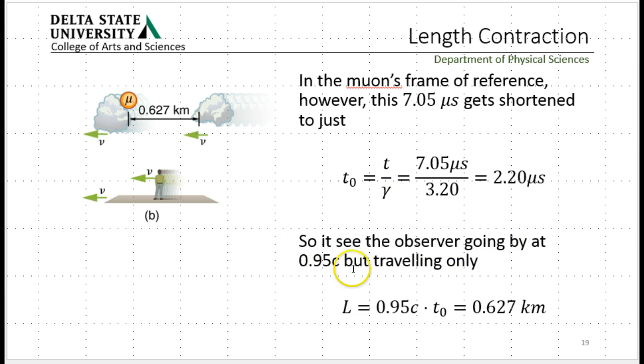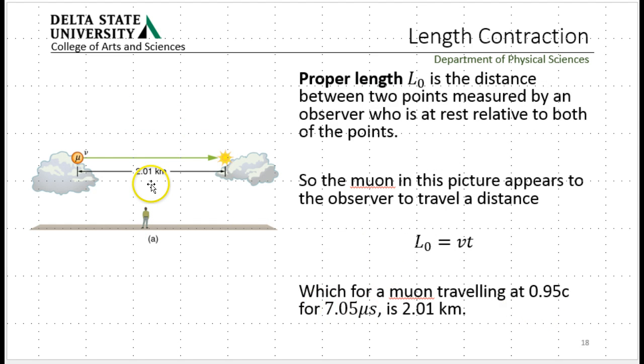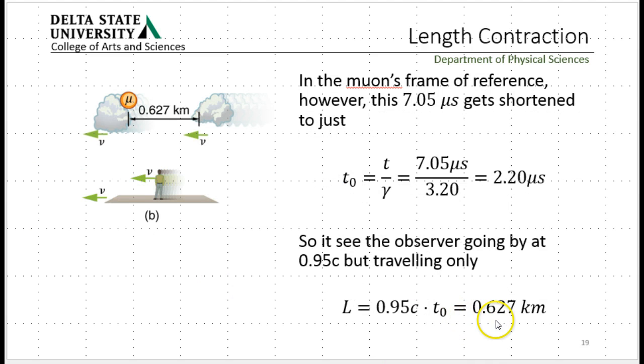But the observer in that amount of time, we've got 2.25 microseconds, going 0.95 c, so it sees us go only 0.627 kilometers. We see it go 2.01 kilometers. It sees us go 0.627 kilometers.